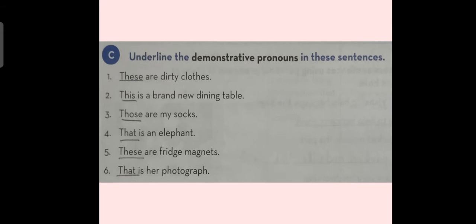Sentence number 1. These are dirty clothes. We have underlined the word these because it is pointing towards the dirty clothes. Number 2. This is a brand new dining table. The word this is a demonstrative pronoun, so we have underlined it. Those are my socks. Underline the word those.